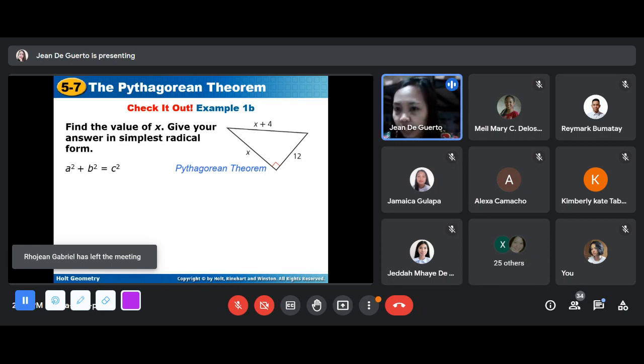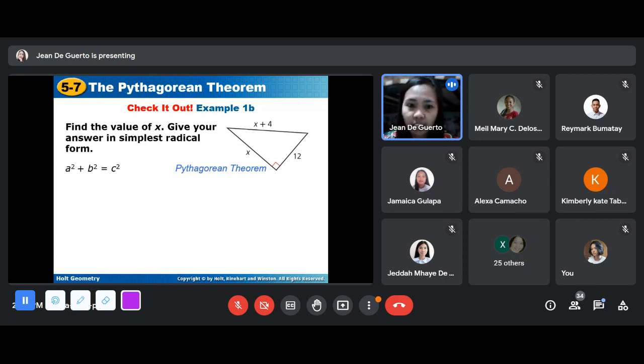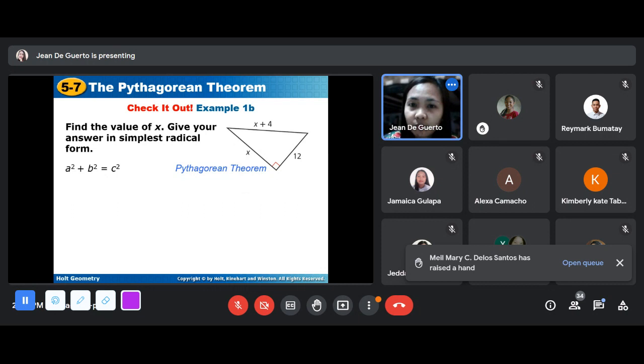We are asked to give the missing length of the leg. So leg. Leg yung hinahanap ngayon. Ano yung isa-substitute natin doon sa C? 12x or x plus 4? Ma'am, x plus 4. Yes, x plus 4.